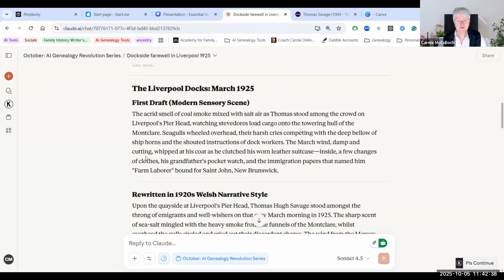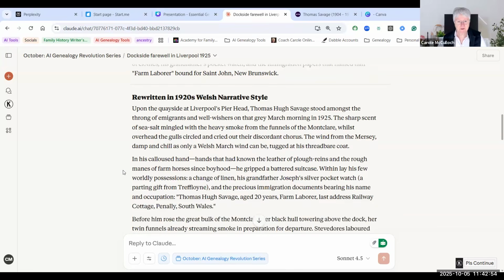But then it goes on to write more about this sensory scene that I might use in my storytelling for him. The first draft, which is a modern sensory scene, and then rewritten in a Welsh narrative style. And this is sounding a little better.